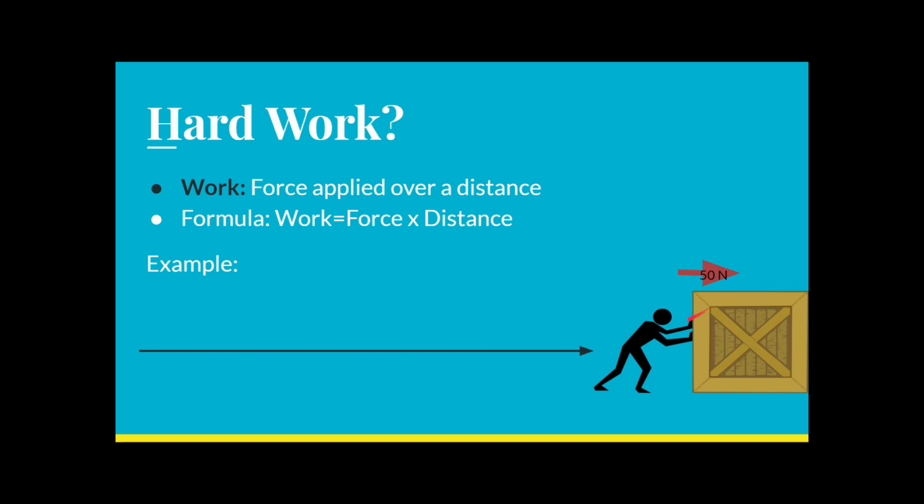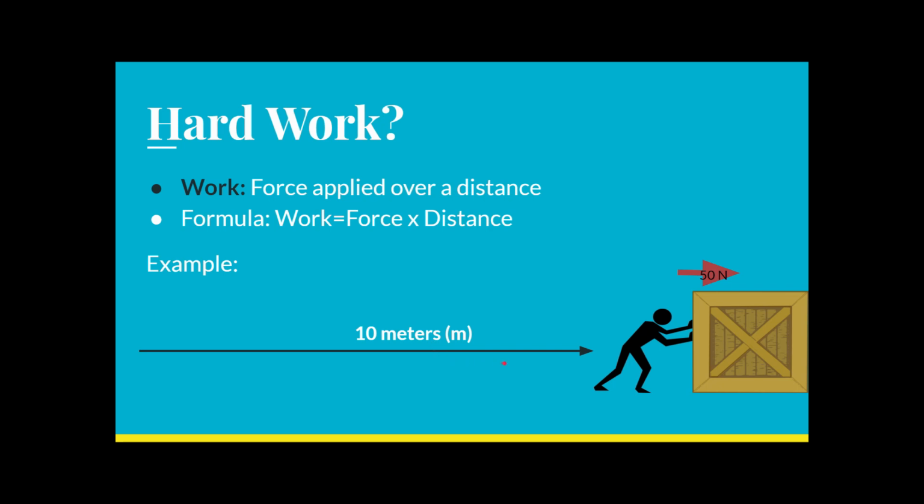Now, we want to figure out how much work you just did, but there's something missing. See if you can figure out what's missing from this diagram to calculate how much work we did. If you said distance, you're correct. That's what's missing here. So we need to know how far you moved as well, in this case 10 meters, in order to figure out how much work you did.